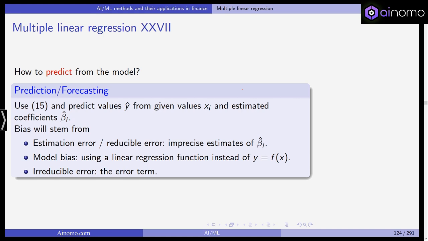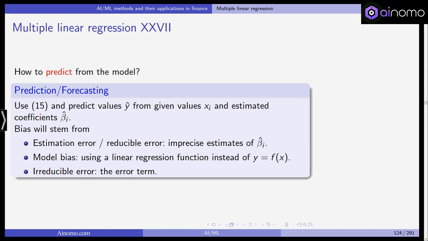You take the estimated coefficients, beta hat 0, beta hat 1, and so on, and you include values for your predictors. Can be actual data, but you can also make sort of a simulation. And then if you compute equation 15, you get your predicted value, your forecast for the response variable.